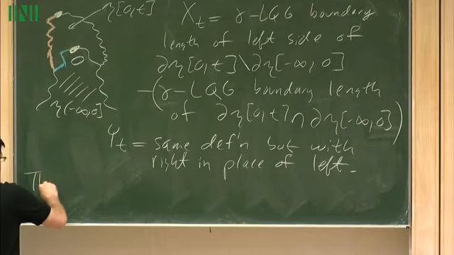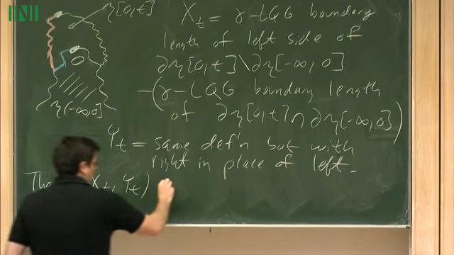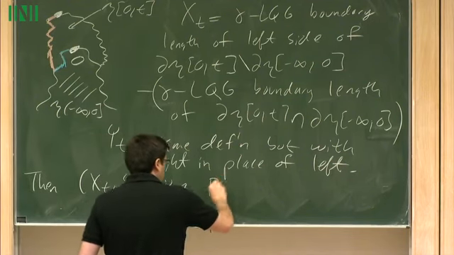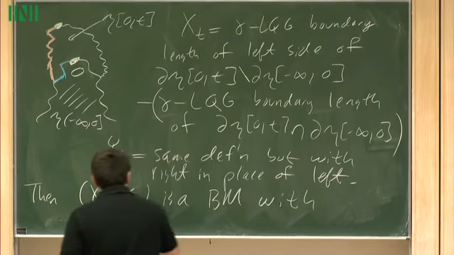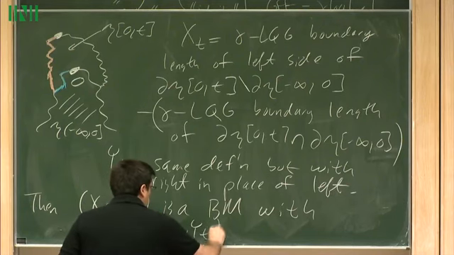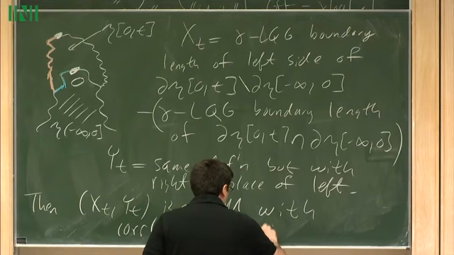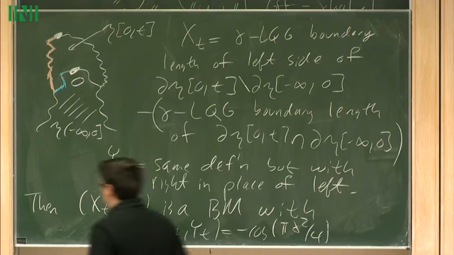So it tells you that x sub t, y sub t is going to be a Brownian motion where the correlation between the two coordinates is given by minus the cosine of pi times gamma squared over 4.